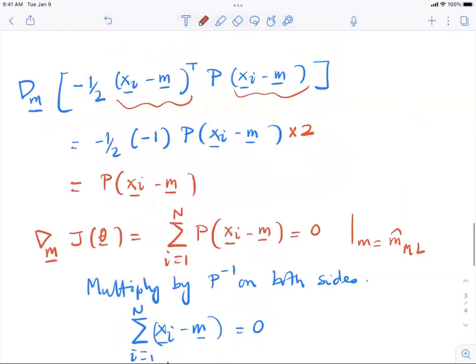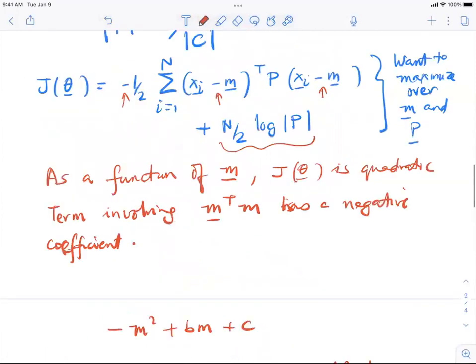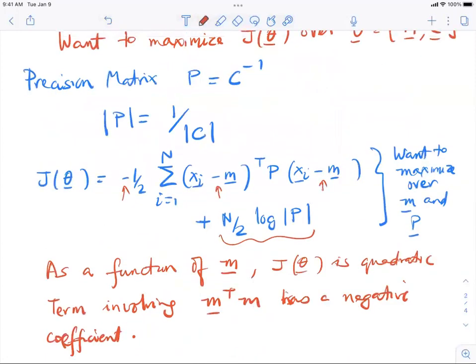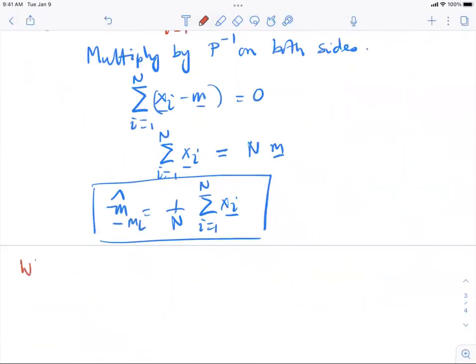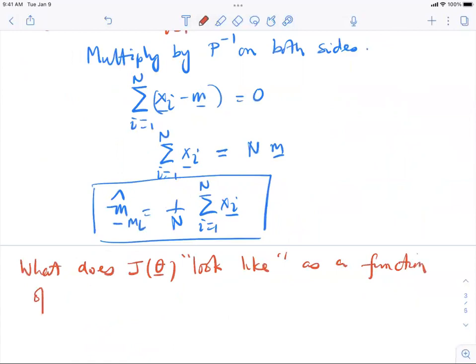Okay, so now the more interesting and more challenging part is to understand what this is like as a function of P, the precision matrix P. So what does the utility function J of theta look like as a function of P?